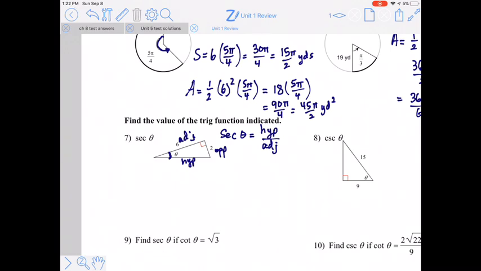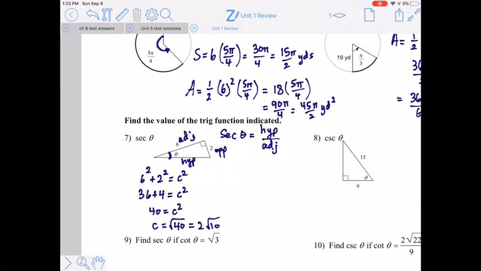We need to use Pythagorean Theorem here to find the length of the hypotenuse. So 6 squared plus 2 squared equals the hypotenuse squared. So c equals square root of 40, which simplifies to 2 square roots of 10.